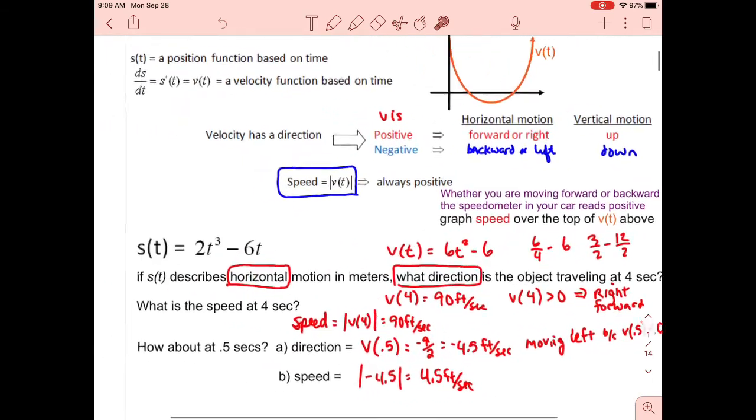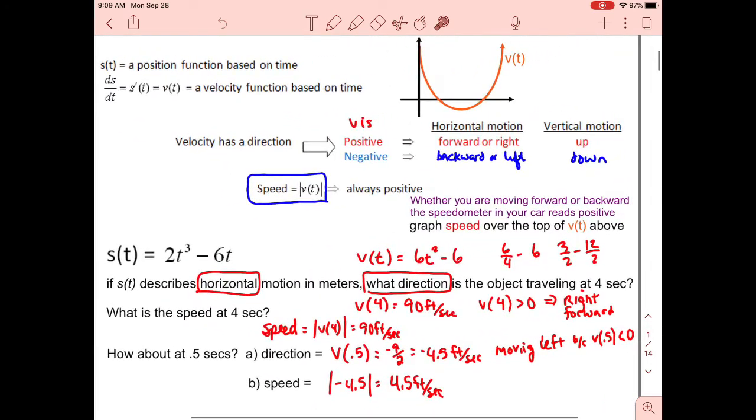So now we have s of t, we know is a position function based on time. The derivative ds/dt, derivative of s with respect to t, s prime of t is equal to v of t, which is the velocity function based on time. Well, velocity has a direction.